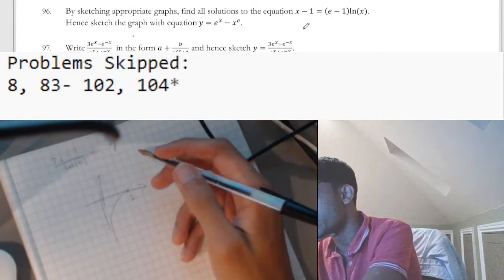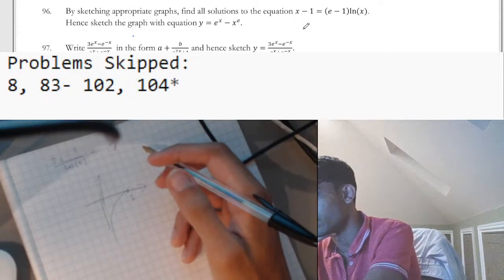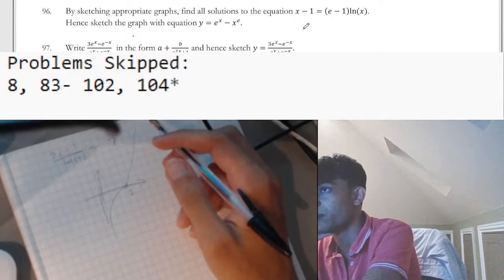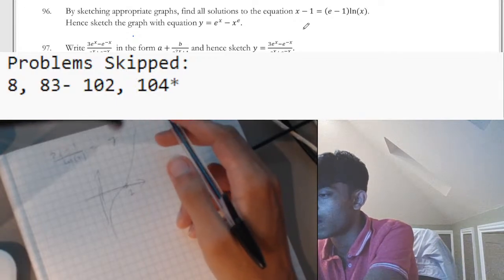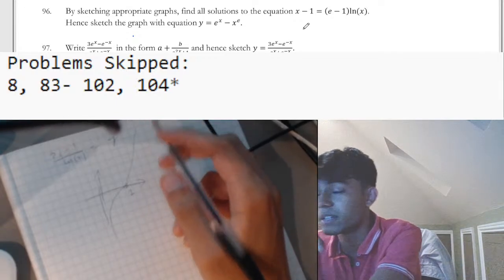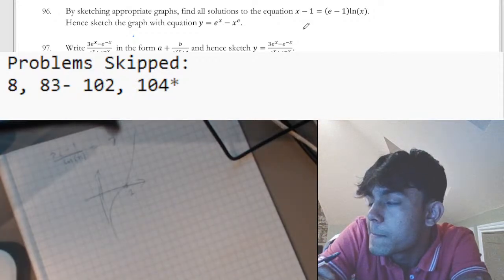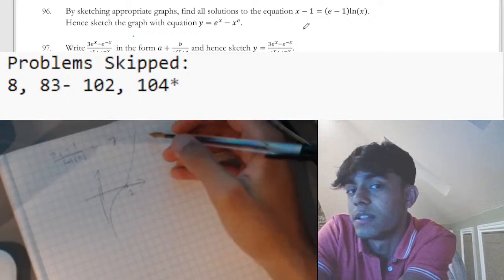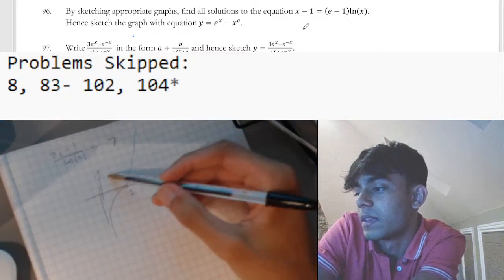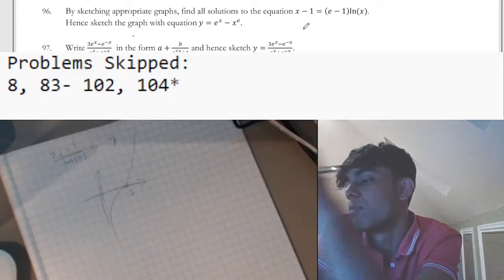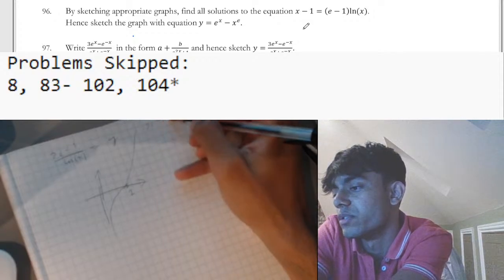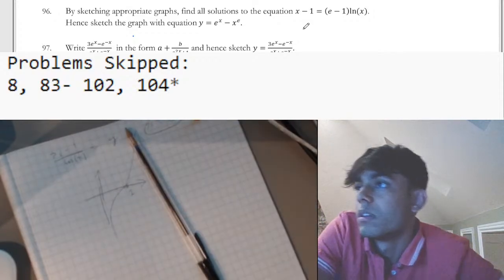And then as x gets big, x is going to be bigger than ln x, so it's going to grow like this. So there's only going to be one solution, and can we guess a solution? x equals e. Yeah, x equals e works, so there's no other solution.